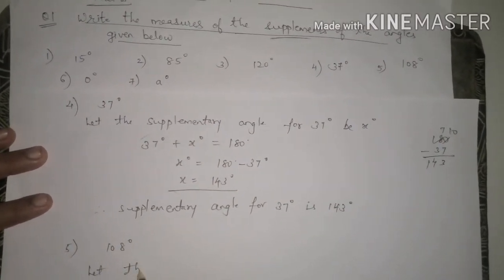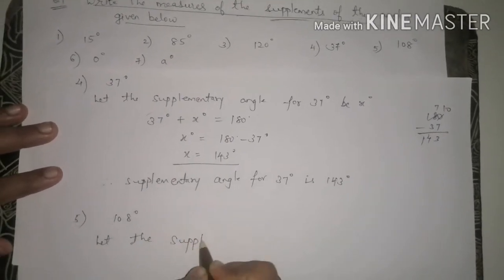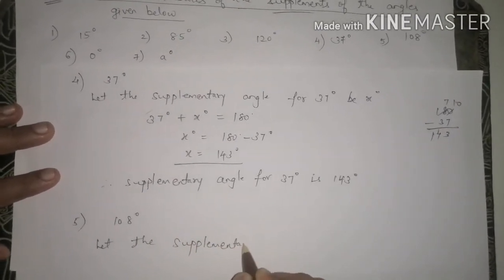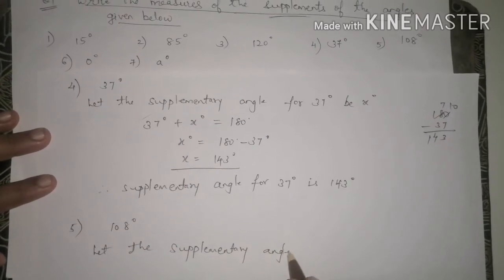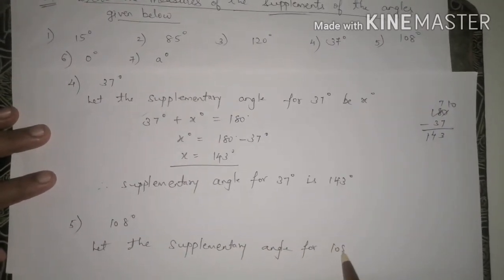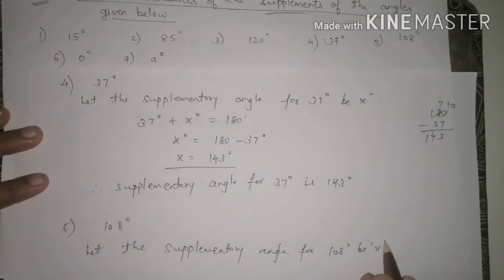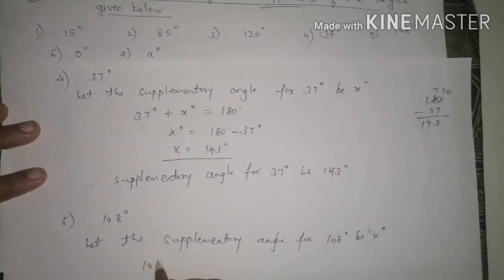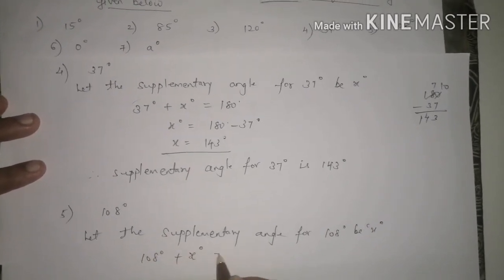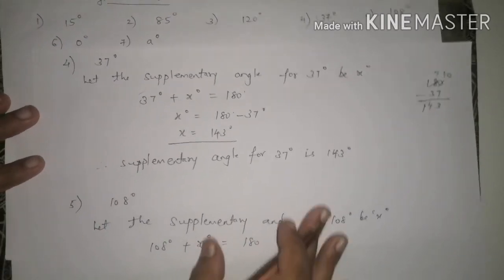Fifth one, 108 degrees. Again write the first step. Let the supplementary angle for 108 degrees be x degrees. So add this: 108 degrees plus x degrees is equal to 180 degrees.